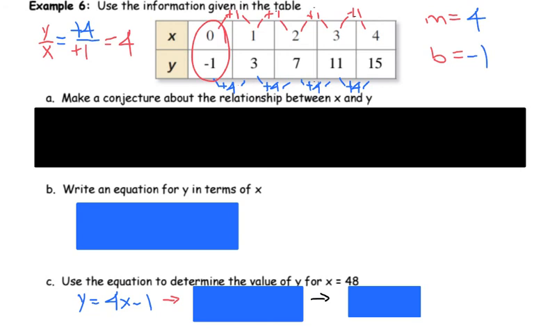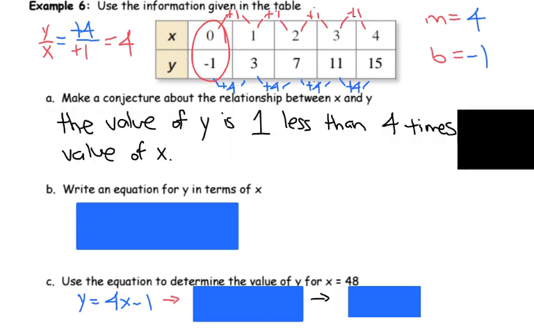All right. So make a conjecture about the relationship between the value of x and y. Well, we can state that the value of y is 1 less than 4 times the value of x.